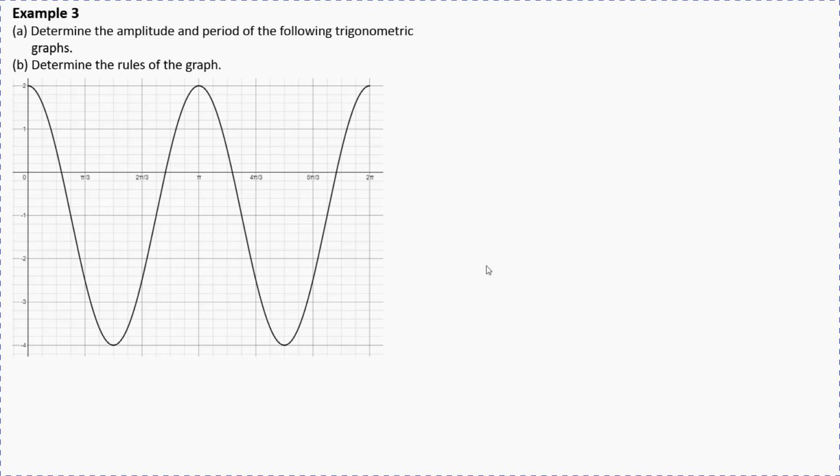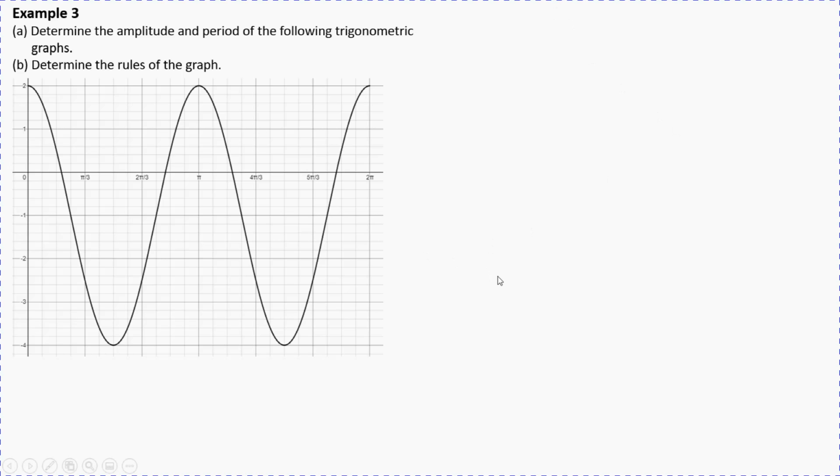To find the amplitude, first of all, you need to find the middle axis. Can you draw a horizontal line to cut the graph into 2 halves of equal length? Remember that the middle line must be horizontal, and it must cut the graph into two halves with equal length.